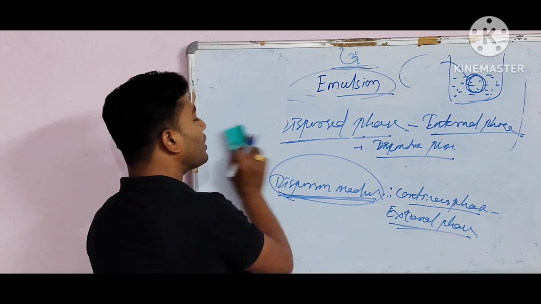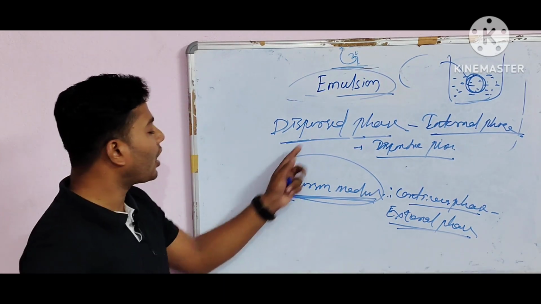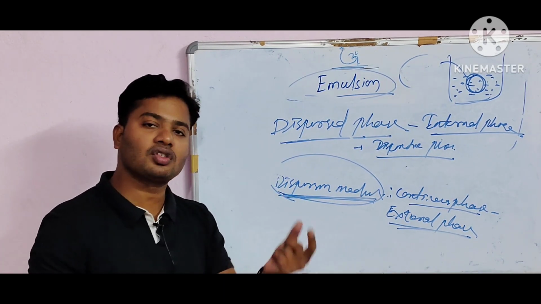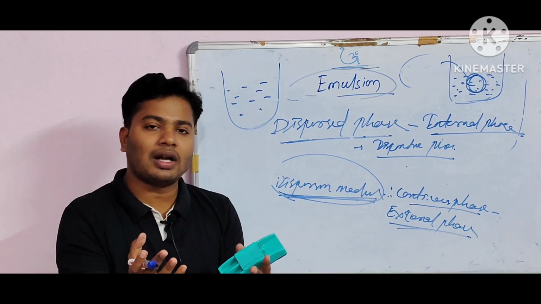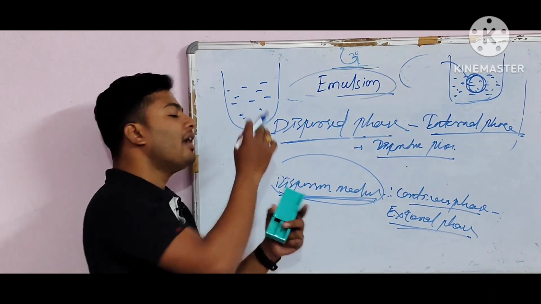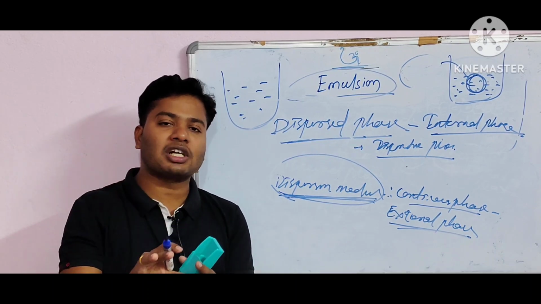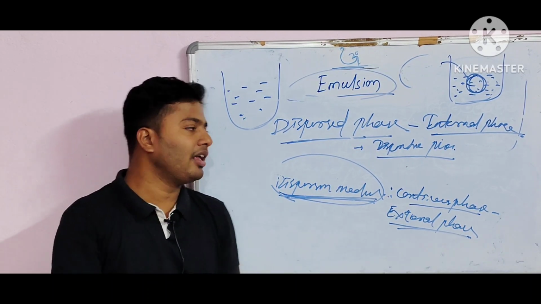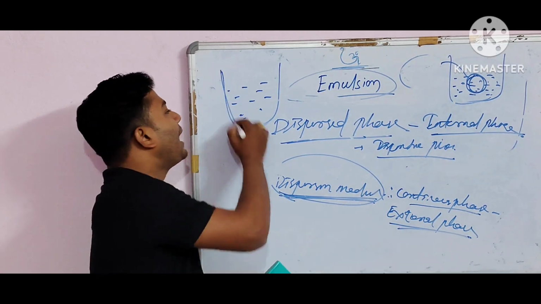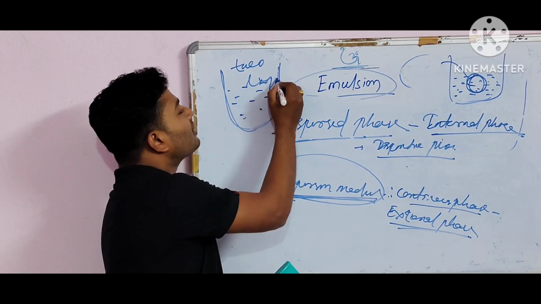What is the pharmaceutical definition of the dispersed phase or the dispersion medium? In an emulsion, I don't know which one is the small quantity or which one is the large quantity. So how to explain which is the dispersed phase and which is the dispersion medium? All of you know that in an emulsion there are two liquids present.